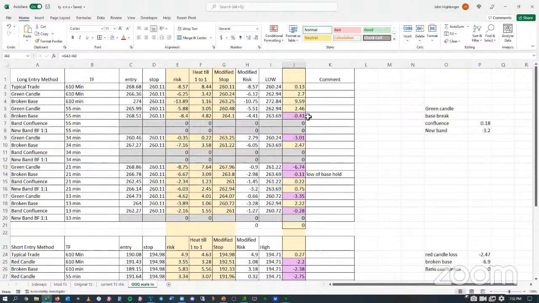So as you can see here, on the 6-10 time frame, with your stop modifications, your risk was a little lower for the green candle, but it was actually more for the broken base because of where you got into the price.